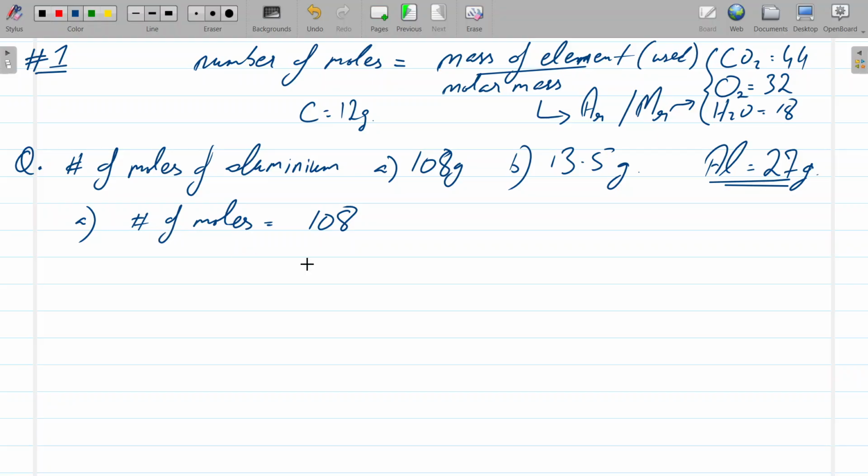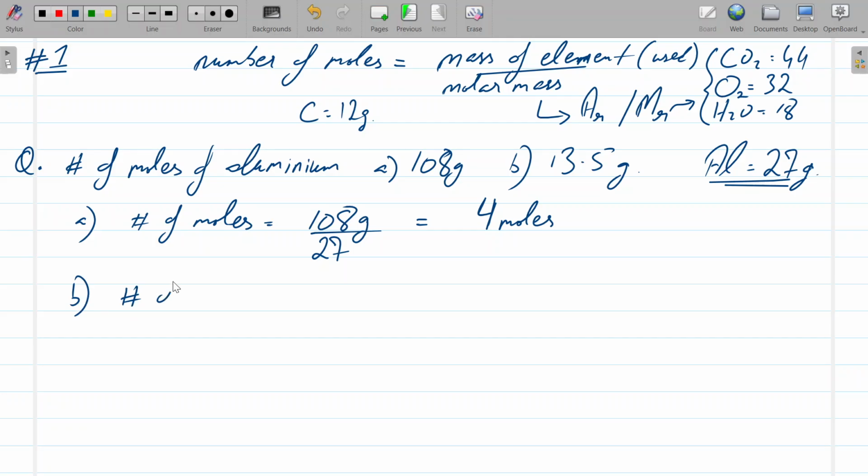So we have 108 grams, which is the mass we're using, divided by the molar mass, which is the mass of a single atom of aluminum, 27. And so we get 4. So 108 grams of aluminum is 4 moles.